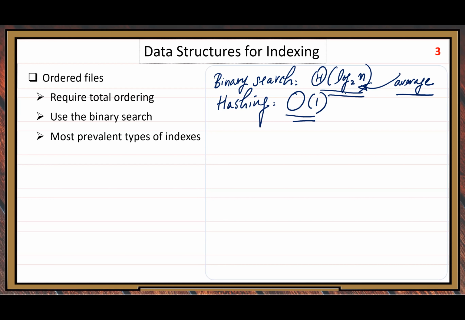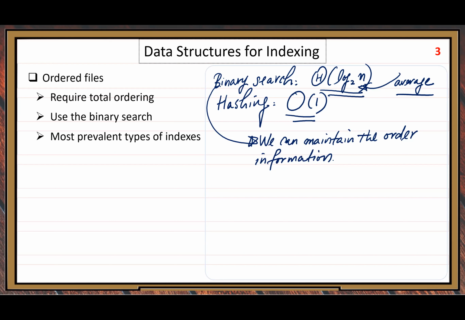But when we use the binary search, we can maintain the order information. With hashing, we cannot; it has nothing to do with order.